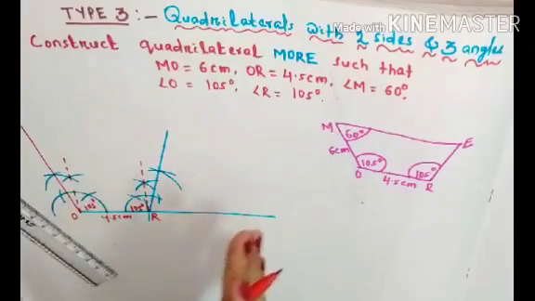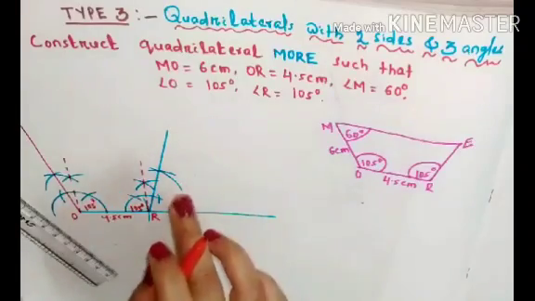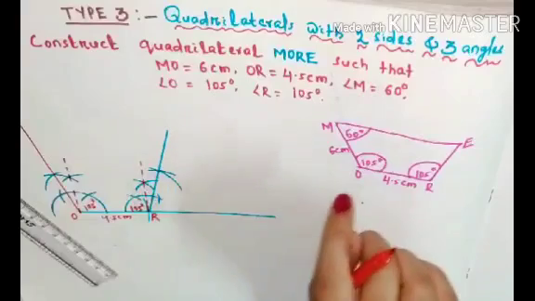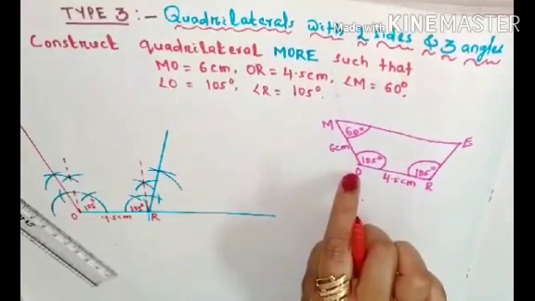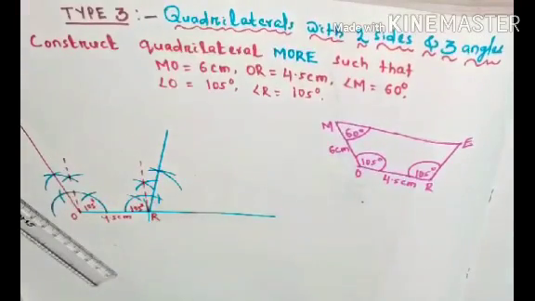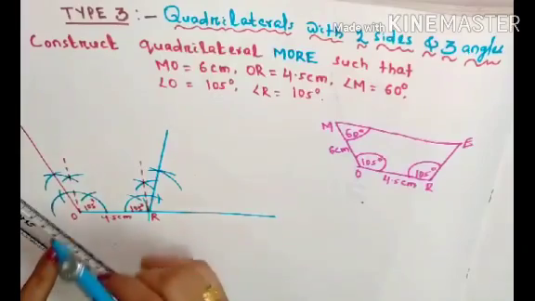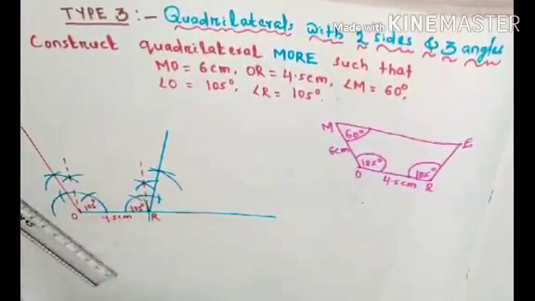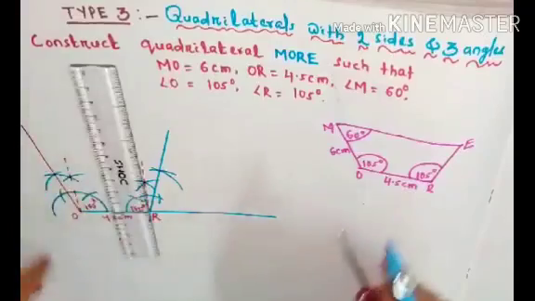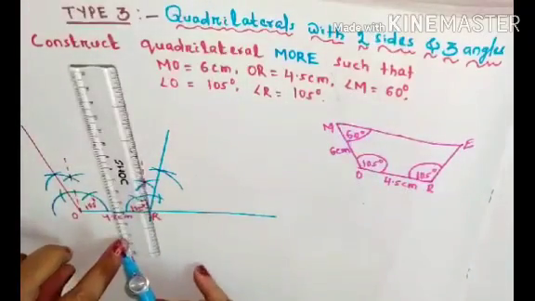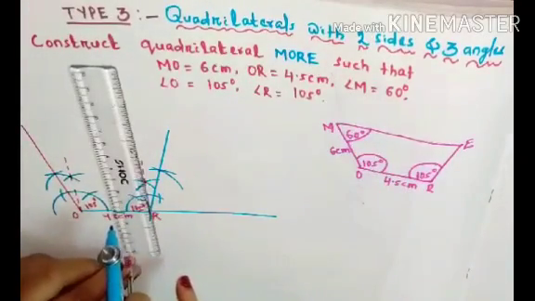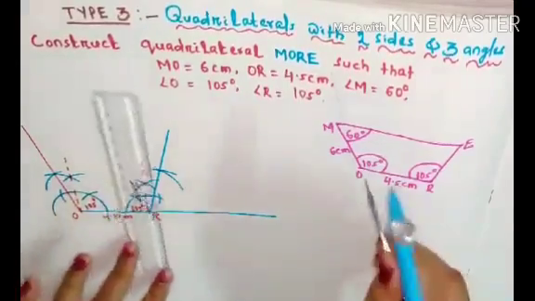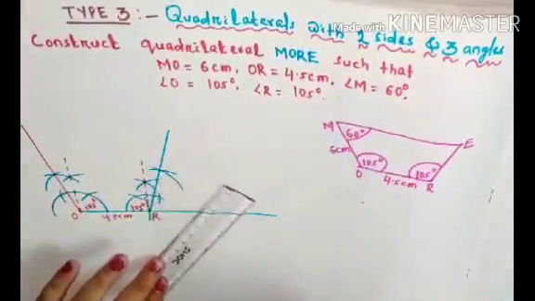Now what I have to do? Let us try to find this distance MO, because you know distance MO is your 6 centimeter. So take your compass at point O and take the length 6 centimeter. As you know that MO is your 6 centimeter.